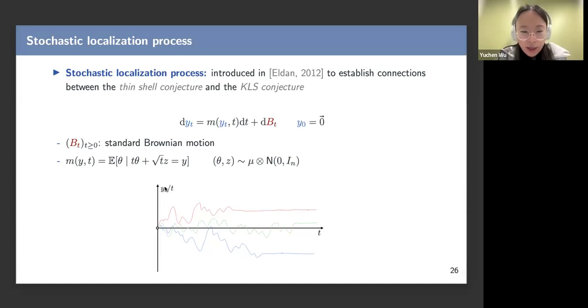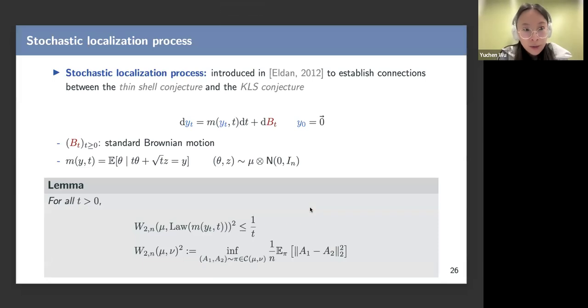One property of this stochastic localization process is that if we look at y_t over t as t goes to infinity, then this process stabilizes to random points. Another property is that for every positive t, the square of the normalized Wasserstein distance between the target distribution and the distribution of the random vector m(y_t, t) is upper bounded by the inverse of t.